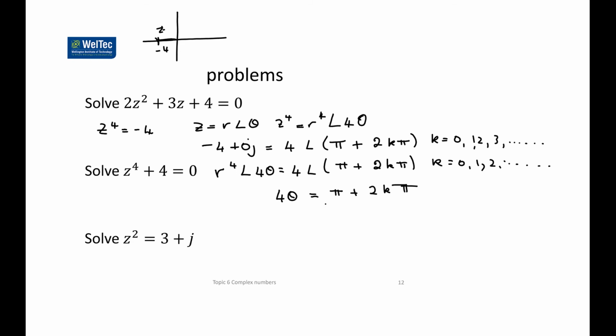So theta must be equal to pi over 4 plus 2k pi over 4, or theta equals pi by 4 plus k pi over 2, where k equals 0, 1, etc.